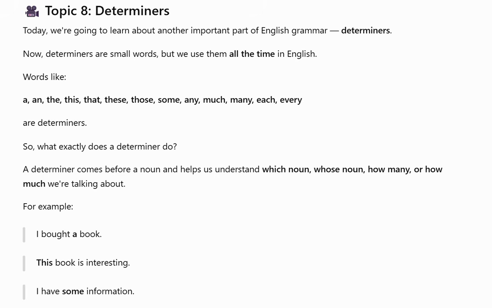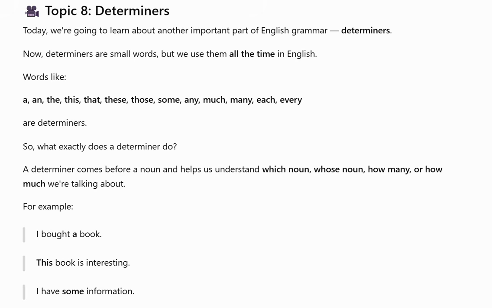Today we are going to learn about another important part of English grammar, determiners. Now, determiners are small words, but we use them all the time in English. Words like a, an, the, this, that, these, those, some, any, much, many, each, every are determiners.